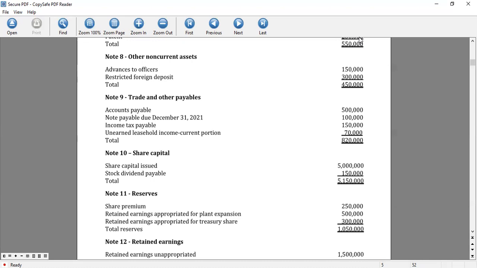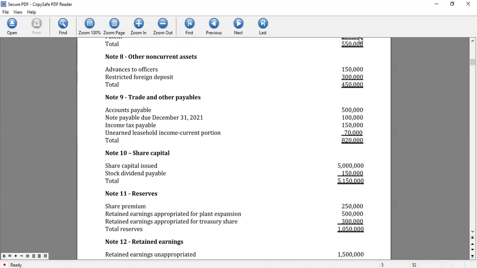Since no amount is given among the stockholders' equity, you're only given retained earnings, share capital at par of 5 million, and we have retained earnings appropriated for plant expansion. So the amount of 500,000. Now, take note that your total capital is given initially at 7 million.